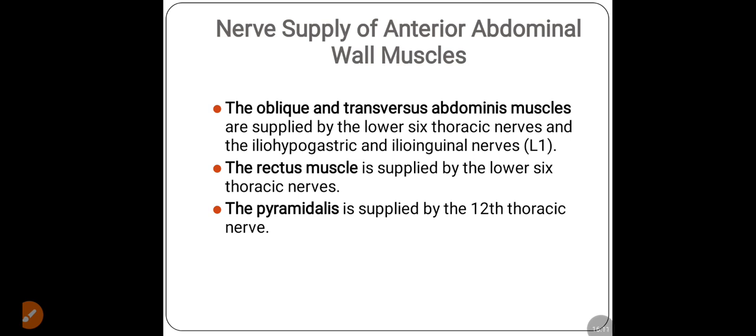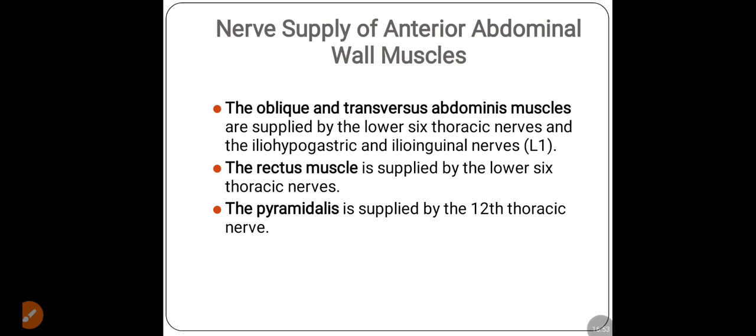Nerve supply of the anterior abdominal wall. External oblique, internal oblique, transversus abdominis are supplied by the thoracolumbar nerves. Thoracolumbar nerves include the last 6 thoracic spinal nerves. So they are supplied by the last 6 thoracic spinal nerves plus L1. L1 gives rise to 2 nerves, which are iliohypogastric and ilioinguinal.